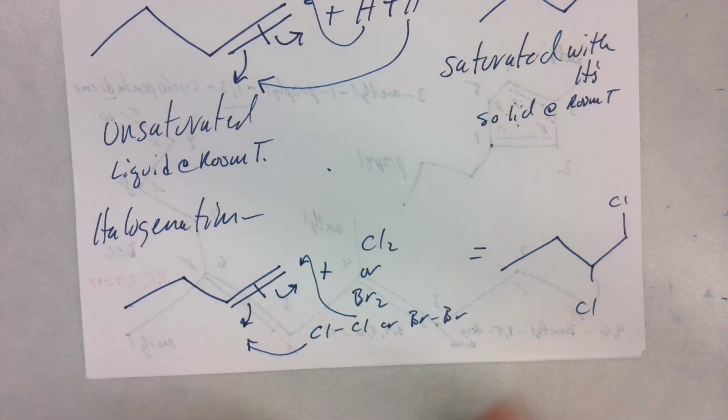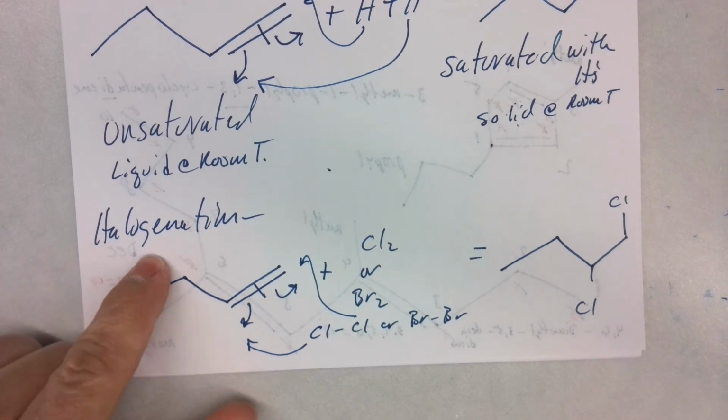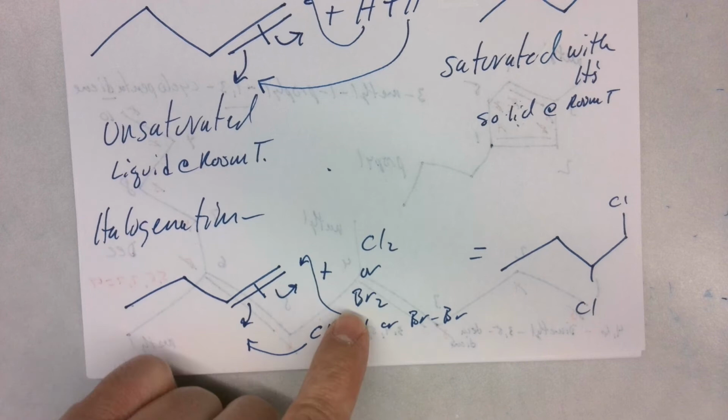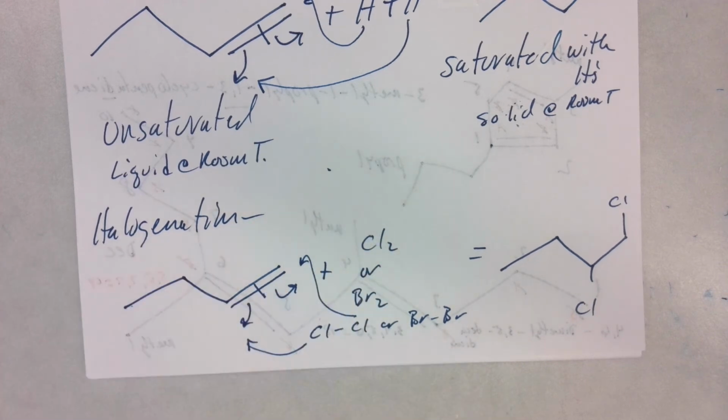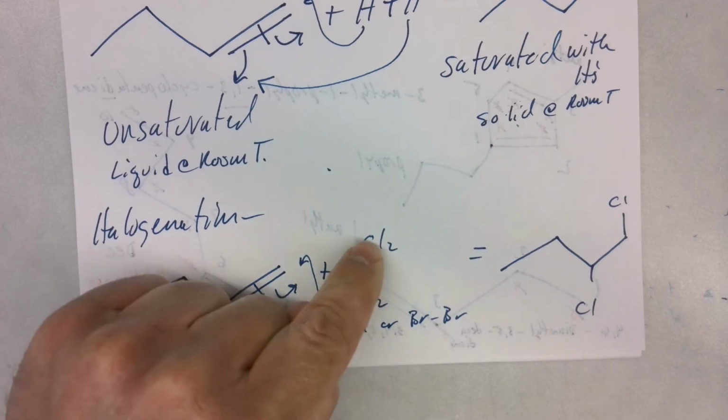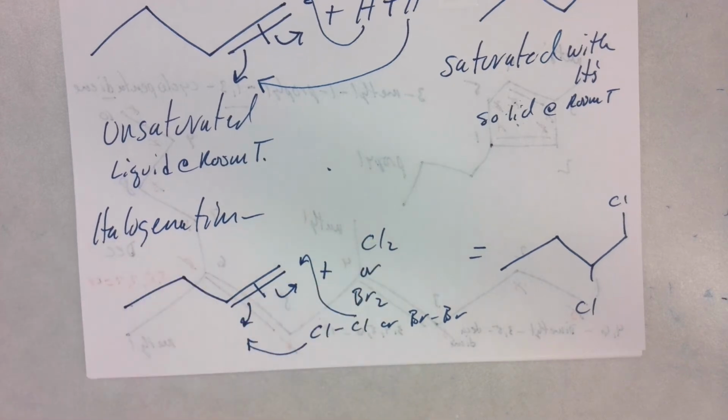Okay? And halogenation works the same as hydrogenation. You simply add one of each and you're done. Okay? And as I said, they call it halogenation, but they really only focus on these two halogens. You don't see any fluorine and you don't see any iodine there, mainly just chlorine and bromine.